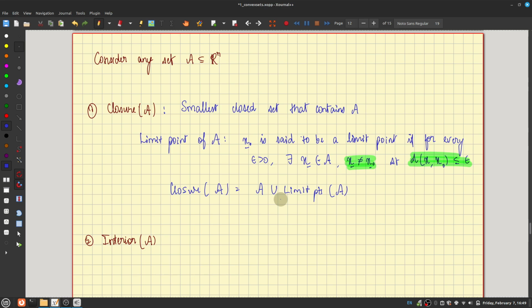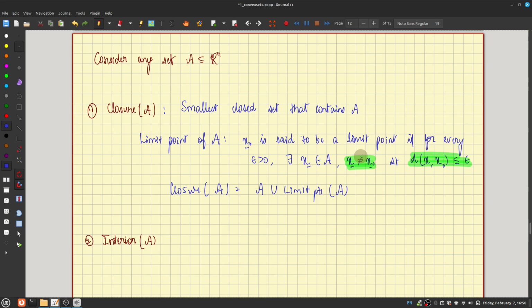There's a slight difference depending on which reference you take, but most of them agree that this is the definition of a limit point. There's also a definition of a closure point where you allow x to be equal to x naught. But in here, we're going to demand that x is not equal to x naught.